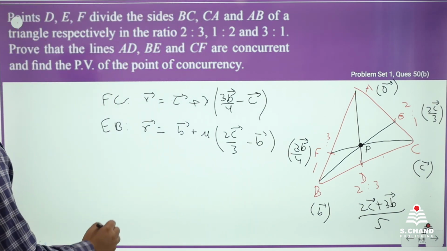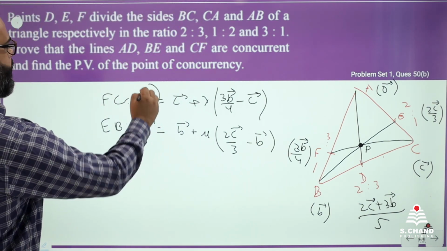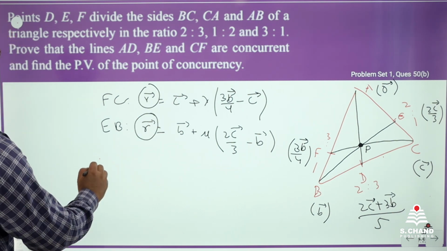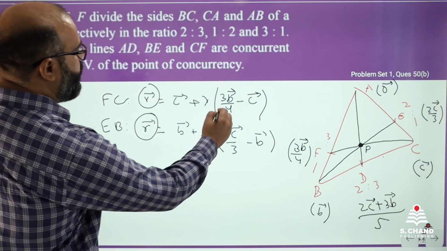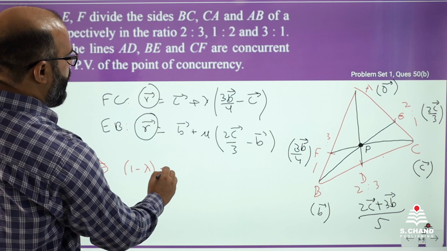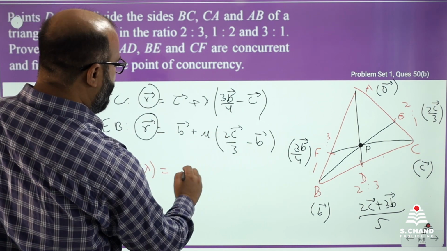Now let us equate them, and equate the coefficients of C and B. So I am writing the resultant equation. Coefficient of C from here is 1 minus lambda, and from here it is 2 mu by 3.